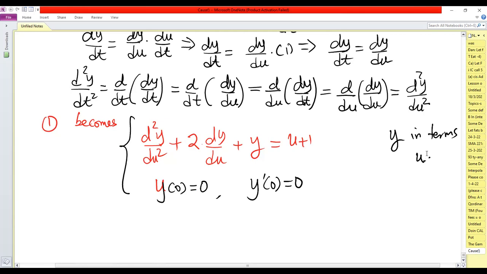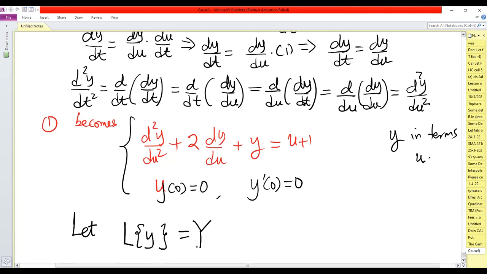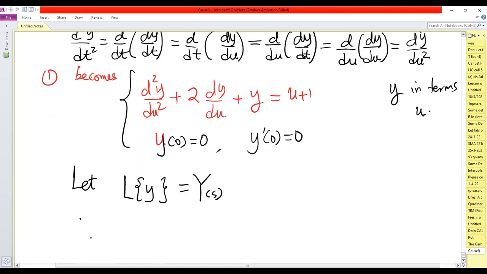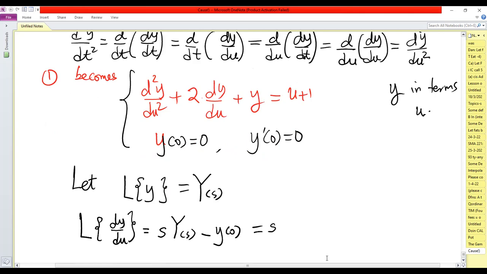Now we let L of y be the Laplace transform of y. And then from definition, the Laplace transform of the derivative dy du will be given by s Y of s minus y at 0, which will be simply s Y of s, since y at 0 is 0.